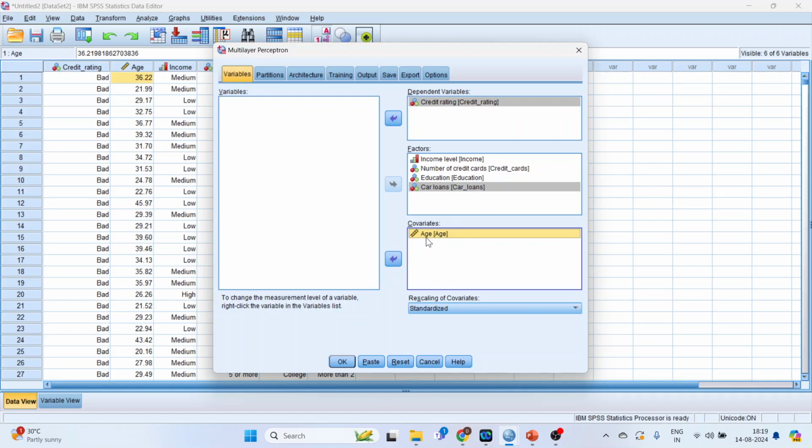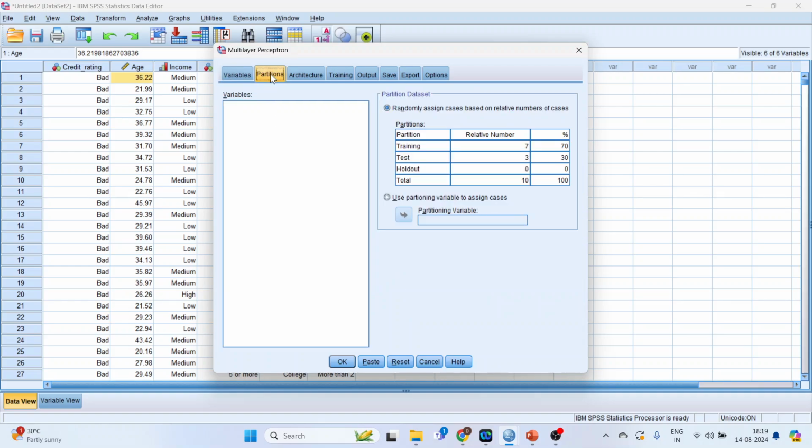Now, if you have many variables which are continuous and they are on different scales, it is necessary to standardize. At present, we have only one, so make it none. Now click on partitions. So the data has to be divided into how many parts?